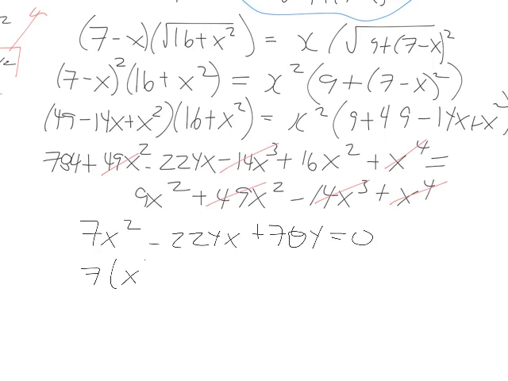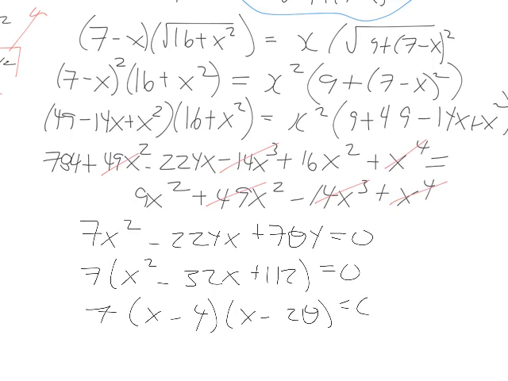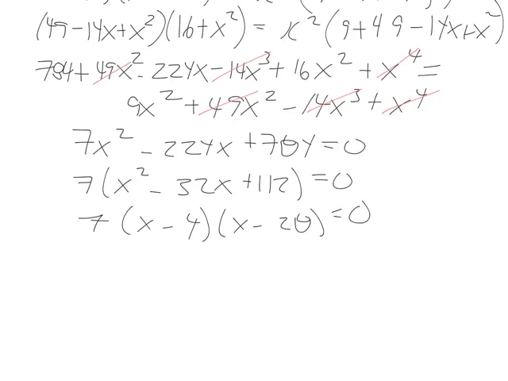Everything's divisible by 7, which makes it a little better to work with, and this also factors to (x minus 4)(x minus 28). That tells me my answers would be 4 and 28.